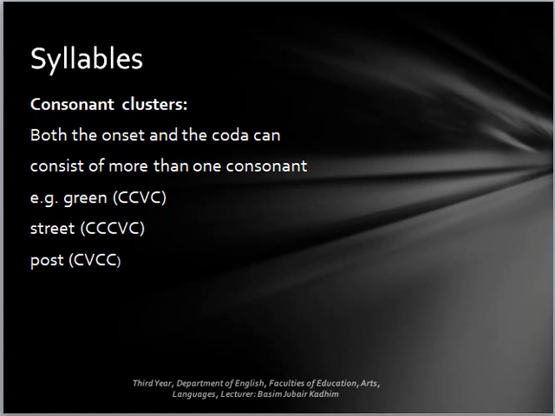For example, in English we can have the cluster of green, CCVC, or street, CCCVC, three consonants, a vowel and a consonant, while in Arabic we do not have such clustering. That's why we face difficulties when pronouncing words like street. We vowelize in between the clustered consonants. We say 'istreet' instead of street, we say 'istructure' instead of structure, and so on and so forth.